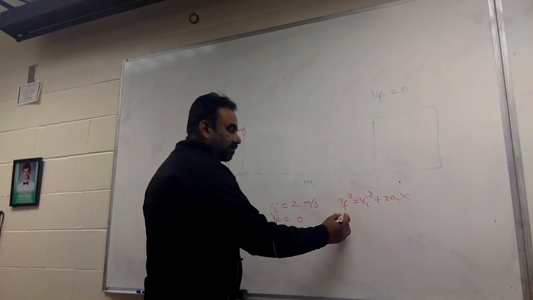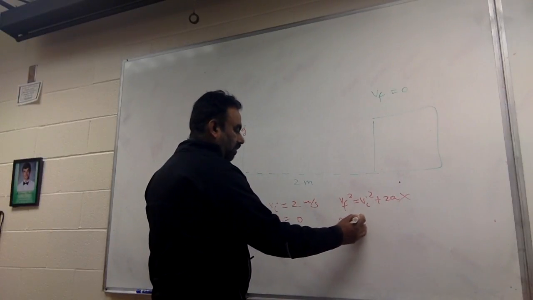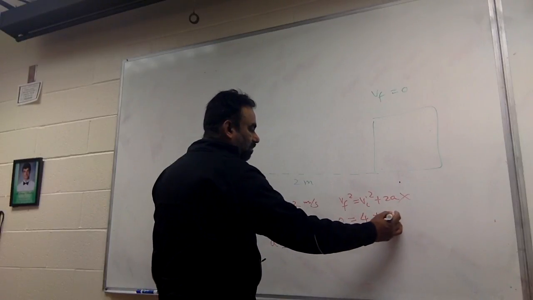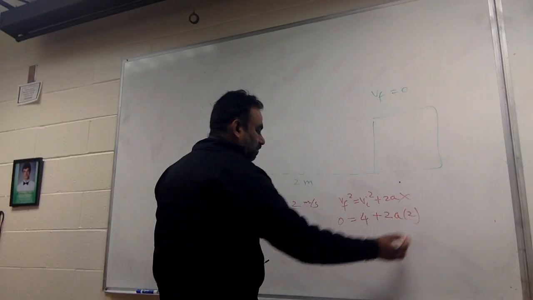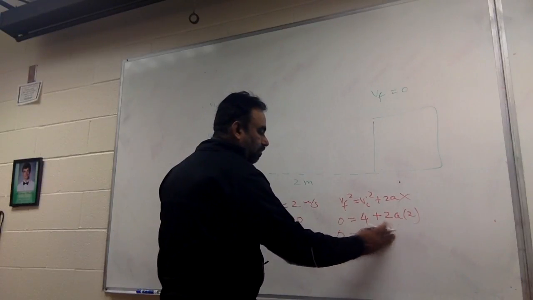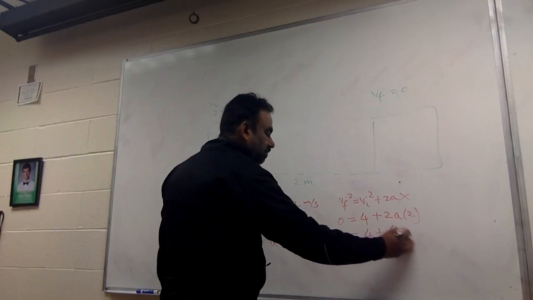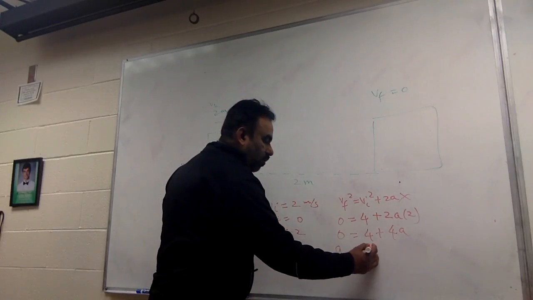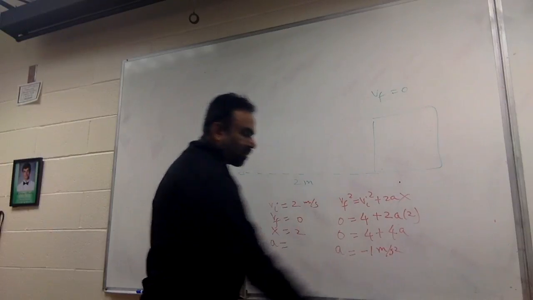Substitute. 0 equals 2 square, 4, plus 2 times A times 2. So 0 equals 4 plus 4A. So what is A? Negative 1 meters per second squared is the acceleration.